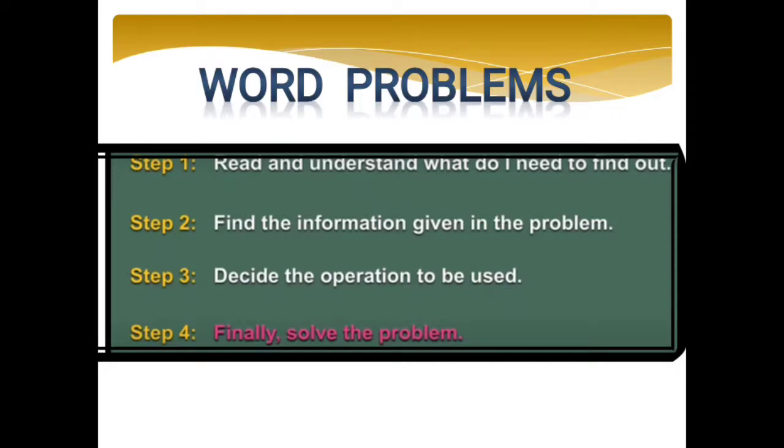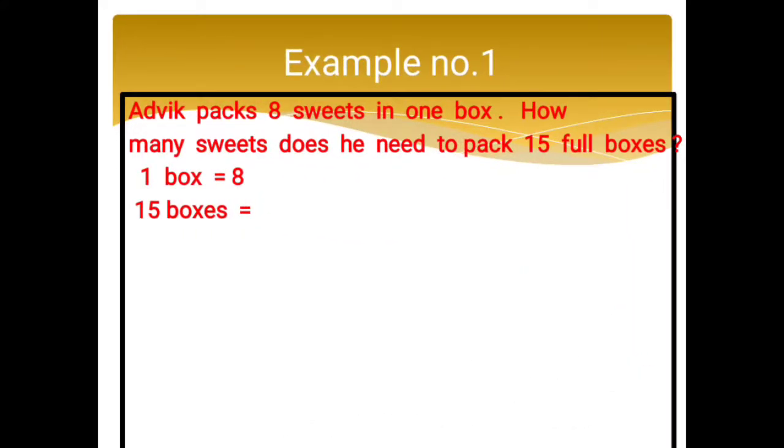With the help of these examples, you will understand how we solve word problems. So see example number 1. Please read. Advik packs 8 sweets in one box. How many sweets does he need to pack 15 full boxes?